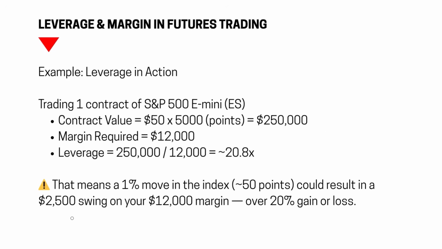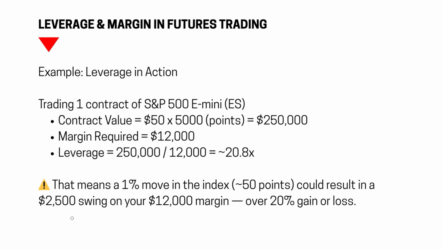Let's have a look at leverage in action. So we've got an S&P 500 E-mini contract here, one contract, and the value for that is 50 times 5,000 points. That could be what the market is trading at that time. Gives us a contract value of $250,000. So that is a very expensive contract, and you can understand why you'd need a lot of money to trade that.